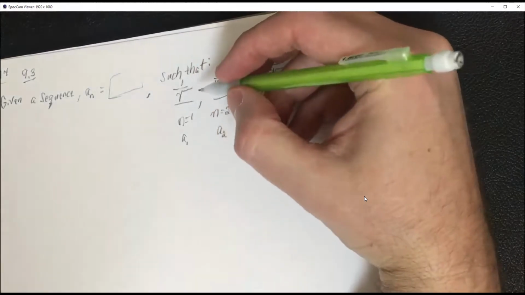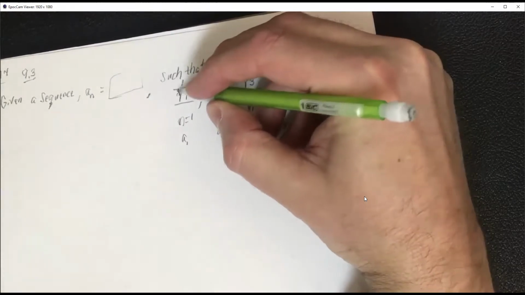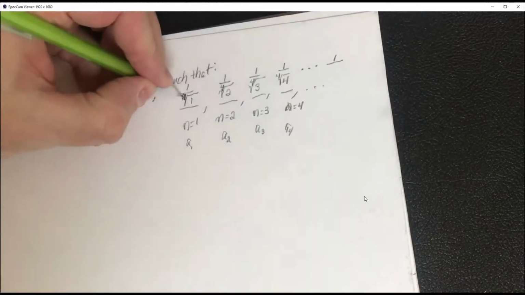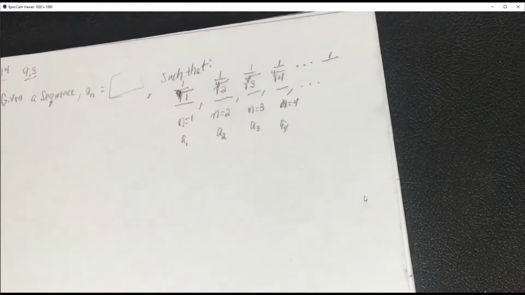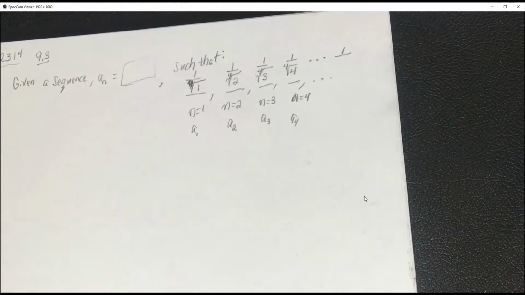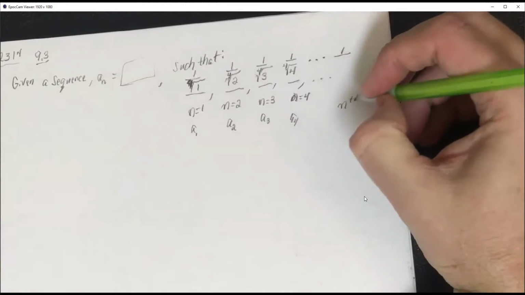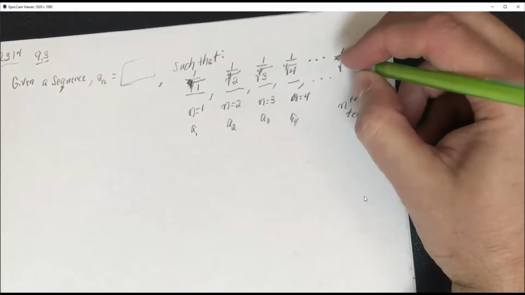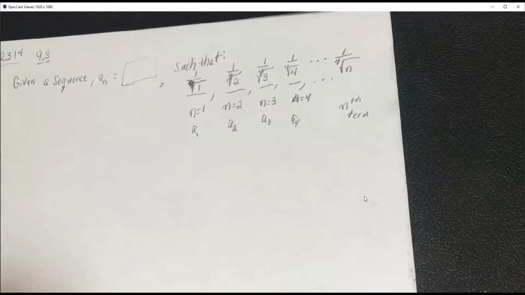Even though that was written as a 1, we can write this as the 4th root of 1, because what's the 4th root of 1 still? 1. Then all the way out here would be, well, not forever, but the nth term. And this would be the fourth root of n, the general term for any nth term.